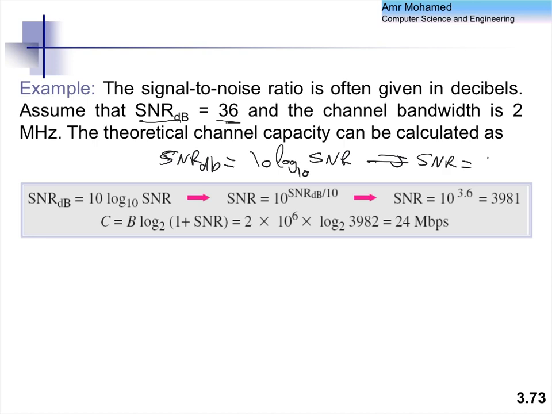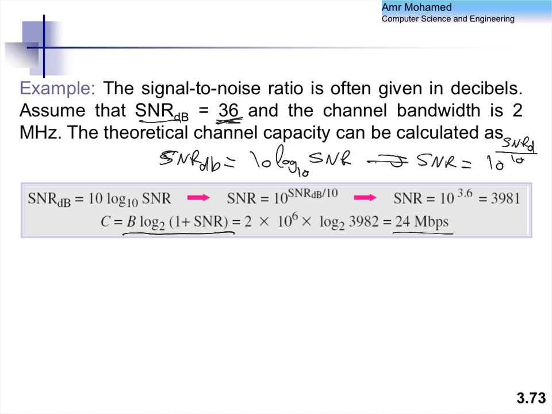So SNR as a ratio is 10 to the power SNR in decibel divided by 10. So first you have to calculate that ratio, and then you substitute in the original equation, which is bandwidth times log 2 of 1 plus SNR as a ratio, right? So in that case, you can calculate the maximum bit rate or the capacity as 24 megabits per second.